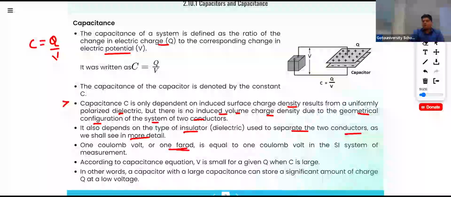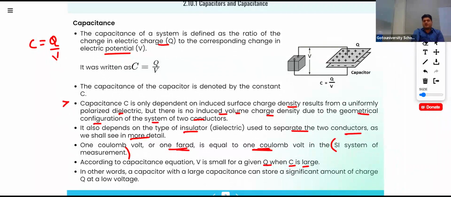1 farad is equal to what? It is equal to 1 coulomb per volt in the SI system of measurement. According to the capacitance equation, V is small for a given Q when C is large.